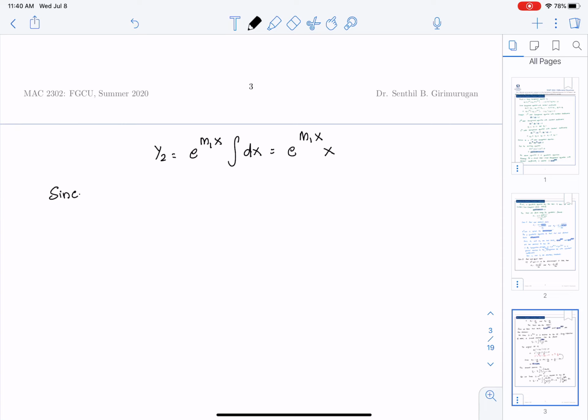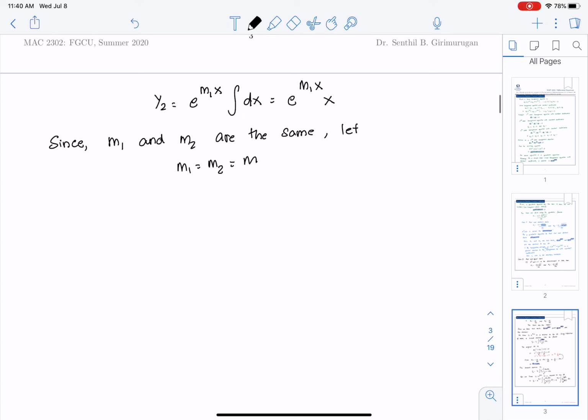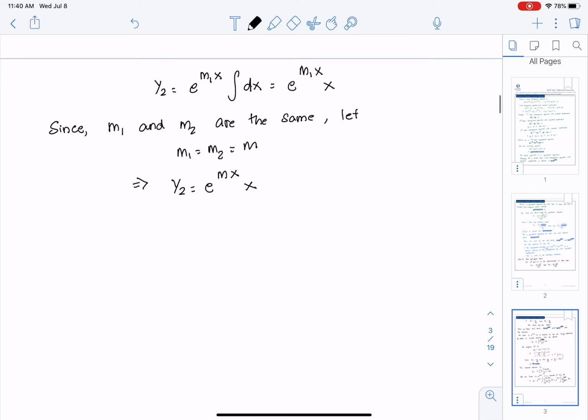Since m1 and m2 are the same, we will let m1 equals m2 equals some m, because the roots are the same. So the second solution is e raised mx multiplied by x.